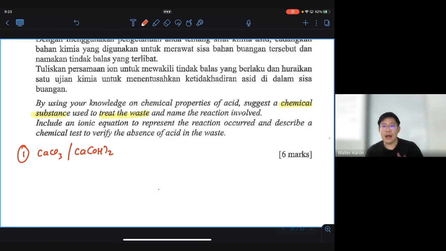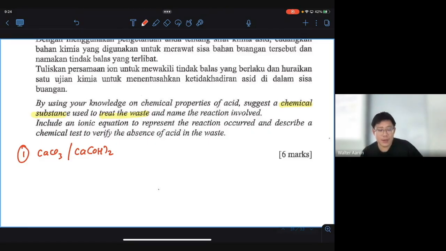For example, how can we treat acidic soil? Remember how to treat acidic soil. In that case, we would not want to use things like potassium hydroxide or sodium hydroxide. Why? Too basic, too strong. If you put that in excess, after all the acid has been neutralized, you have leftover base, which makes the soil even more alkaline.